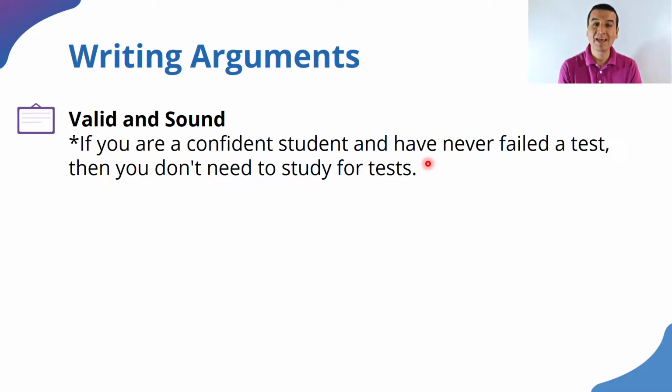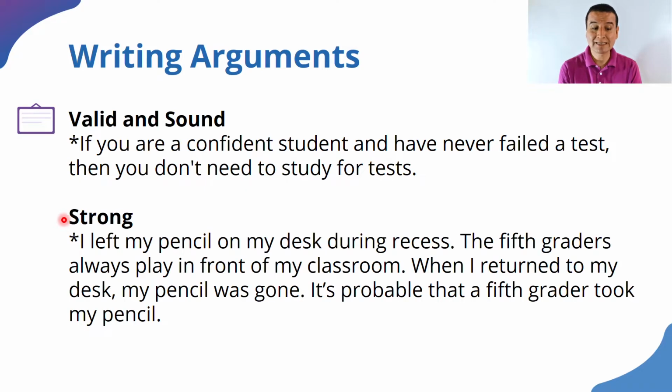All right? The next characteristic of an argument is that it should be strong. Strong meaning that the evidence really supports the claim that is being made. For example, I left my pencil on my desk during recess.